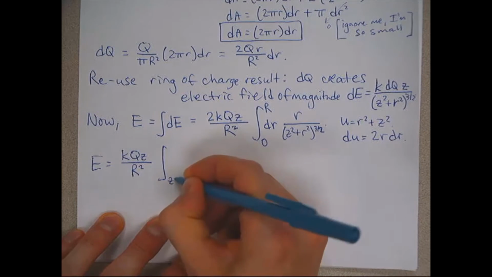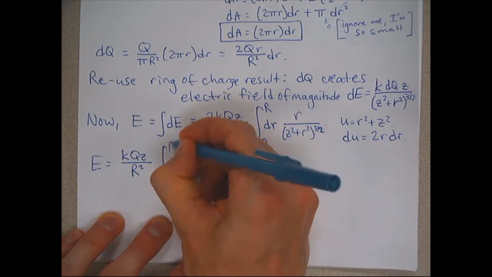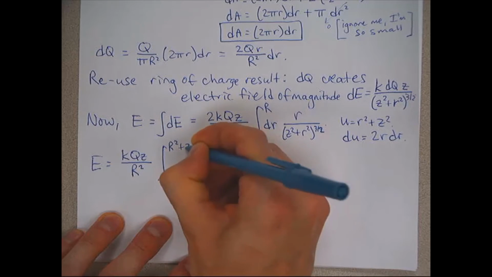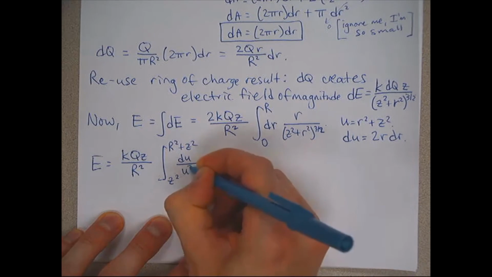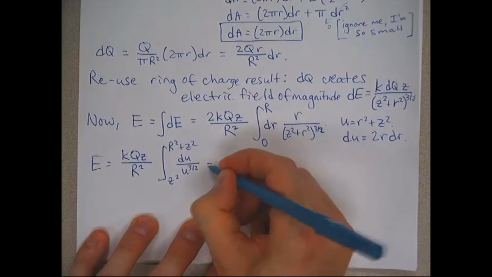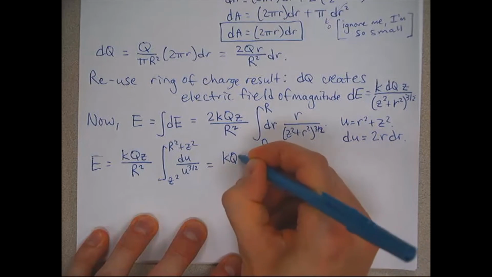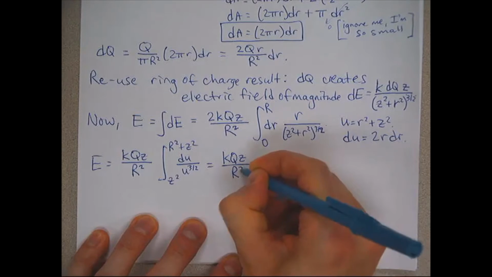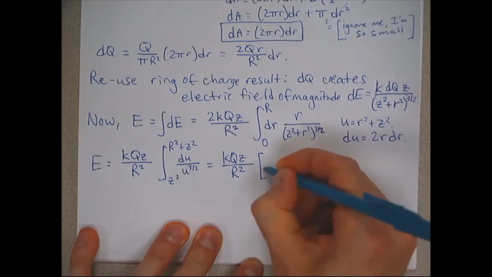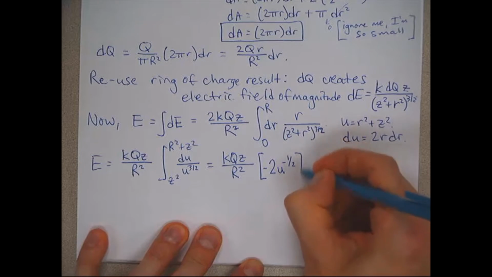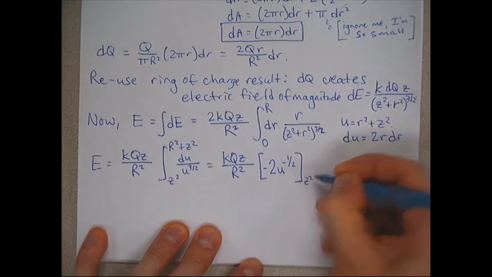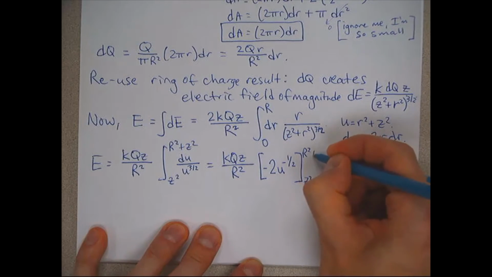We have to change our limits of integration since we changed our variable to u. We have du over u to the 3 halves. This is kqz over big R squared minus 2 u to the minus 1 half with limits.